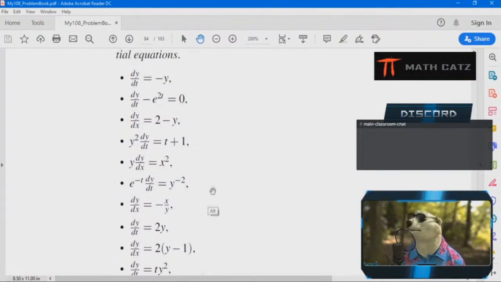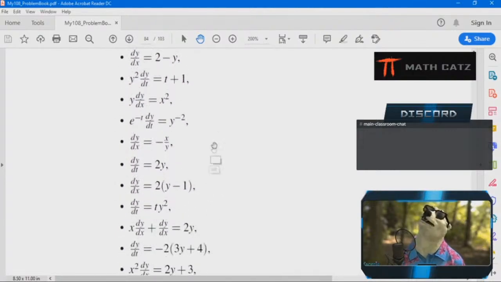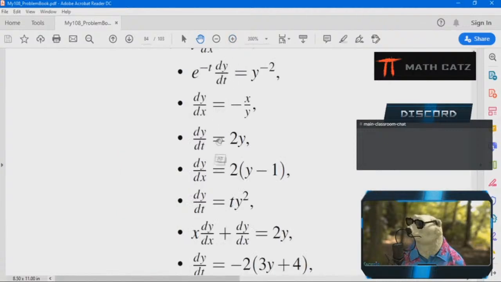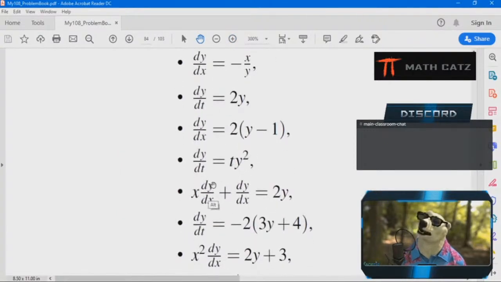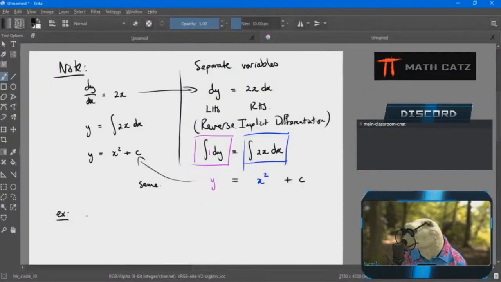Let's do this one. dy dx equals negative x over y. I'm just going to put the negative with the x for convenience, doesn't really matter.